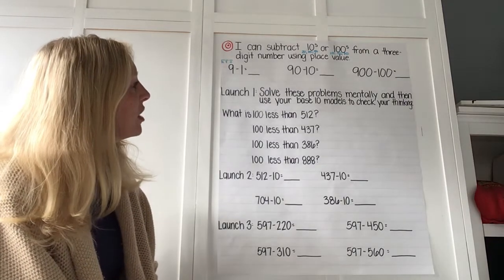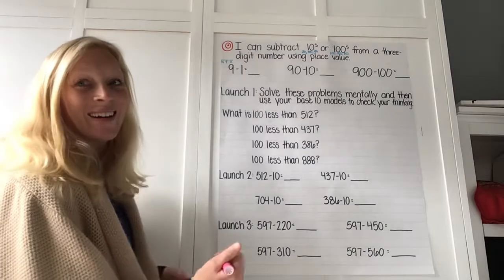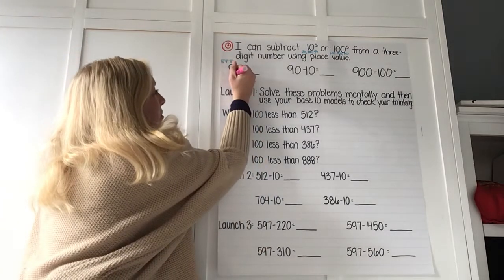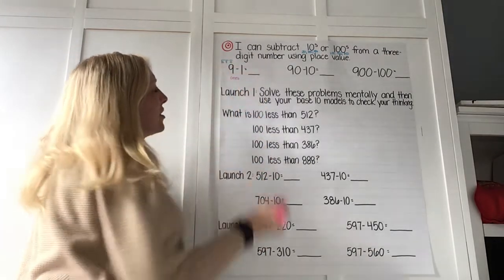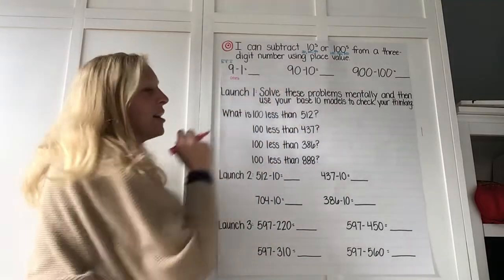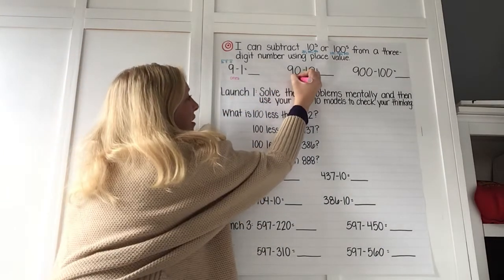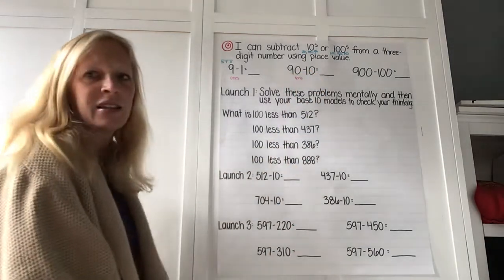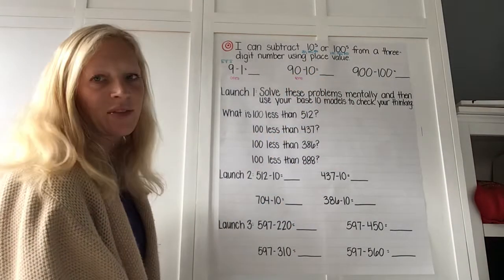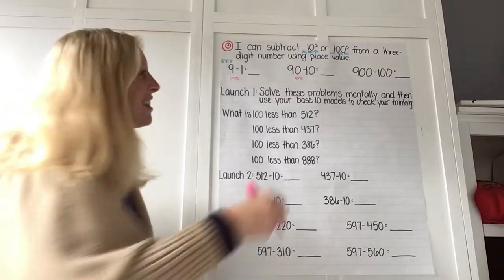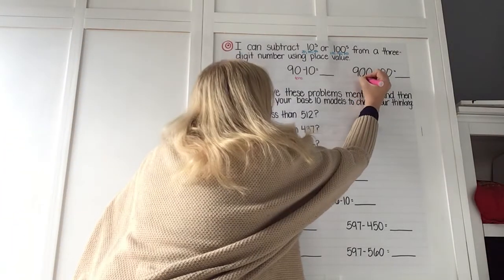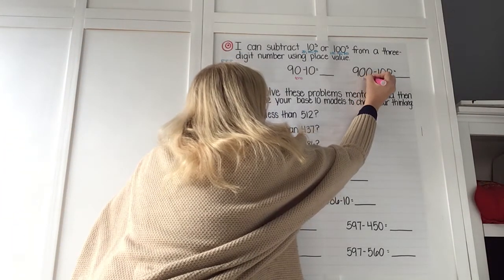Anything else you notice? These 9 and 1s are in the ones place. Where are the 9 and 1s in this one? They're in the tens place. And what about that equation down there? Yes, that 9 and 1 is in the hundreds place.